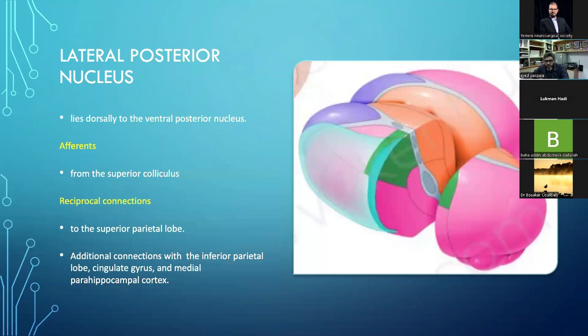And the lateral posterior nucleus here lies dorsally and just behind the lateral dorsal nucleus. It receives afferents from the superior colliculus, and it has reciprocal connections with the superior parietal lobe, and additional connections with the inferior parietal lobe, cingulate gyrus, and the medial parahippocampal cortex.